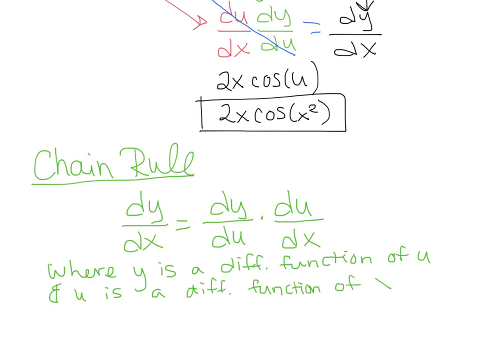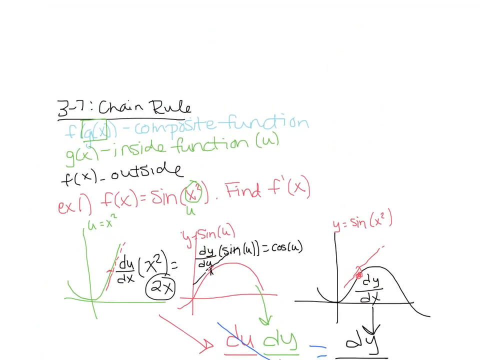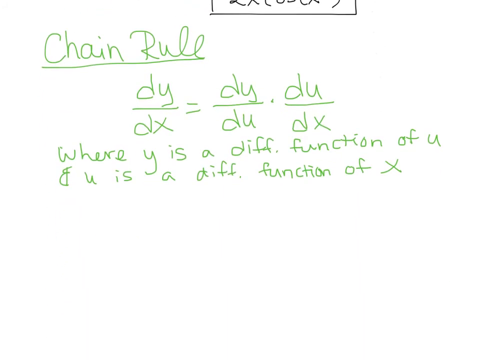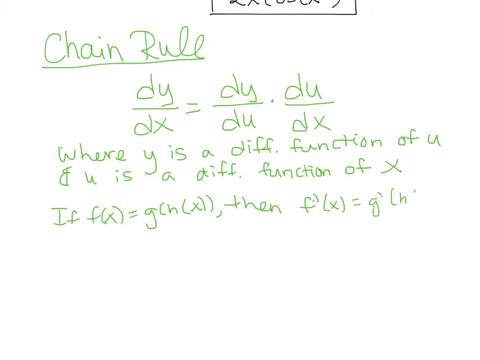If we think back to our composite function notation that we did all the way up here at the top, we can also use this sort of notation to denote the chain rule. And if we did it that way, we would say that if f of x is equal to g of h of x, then f prime of x is equal to g prime of h of x times h prime of x, okay?